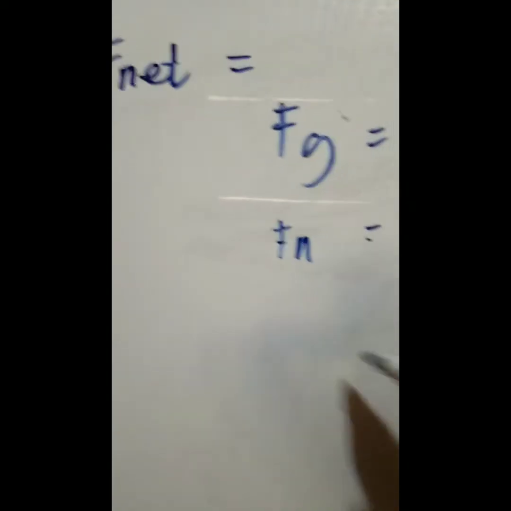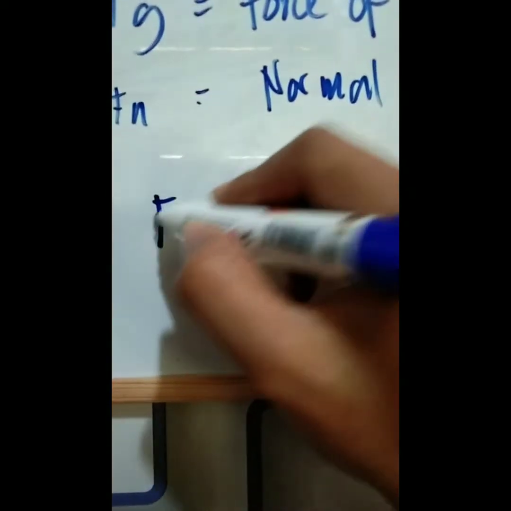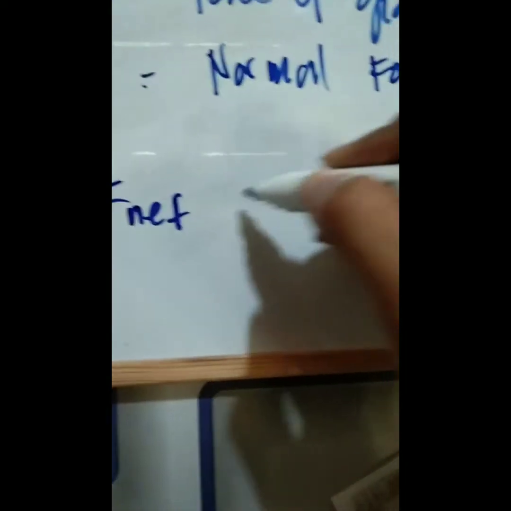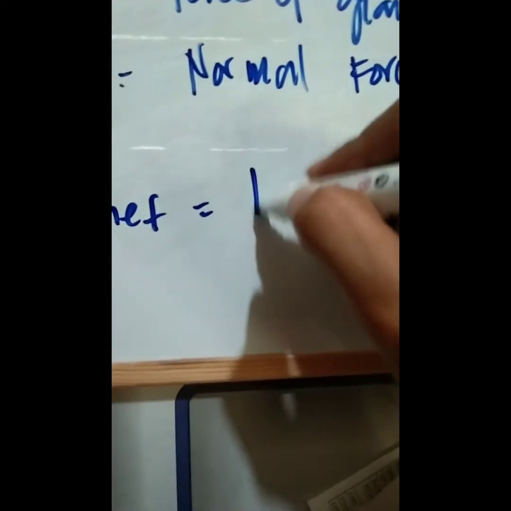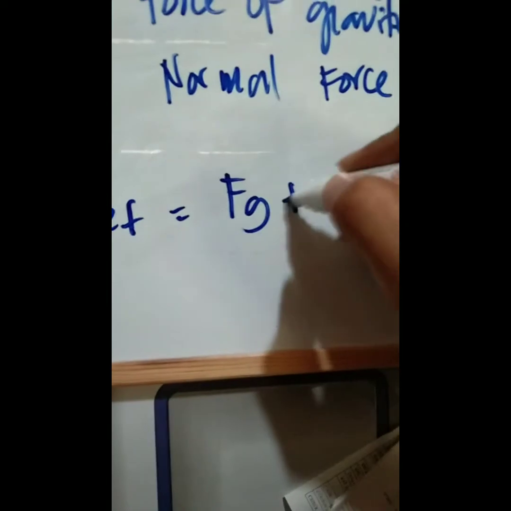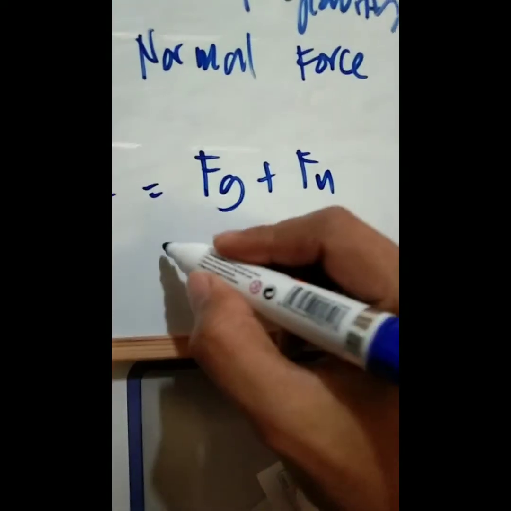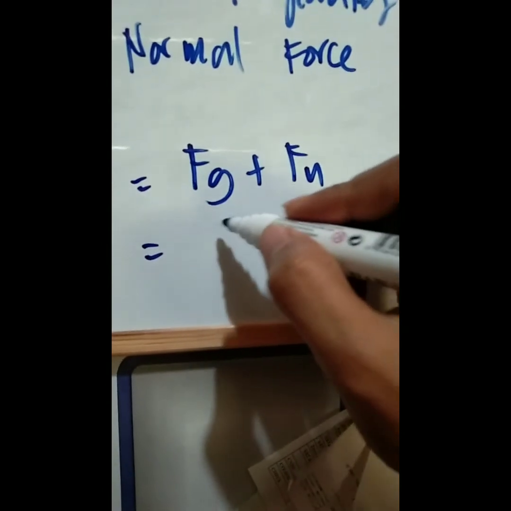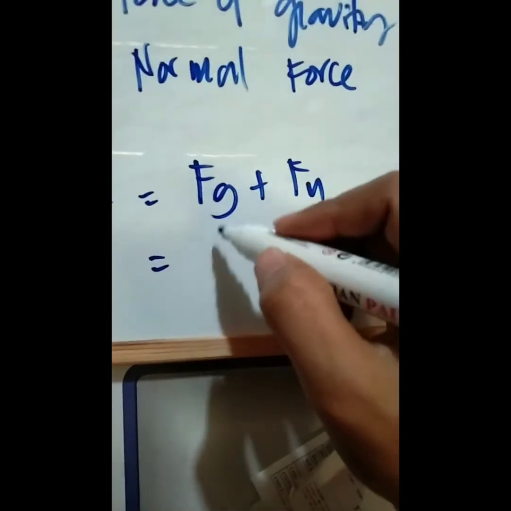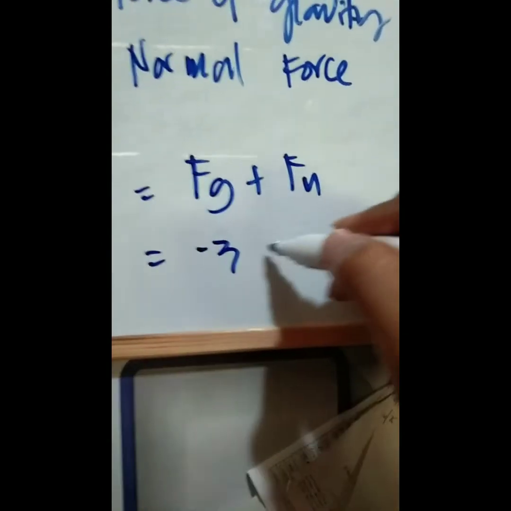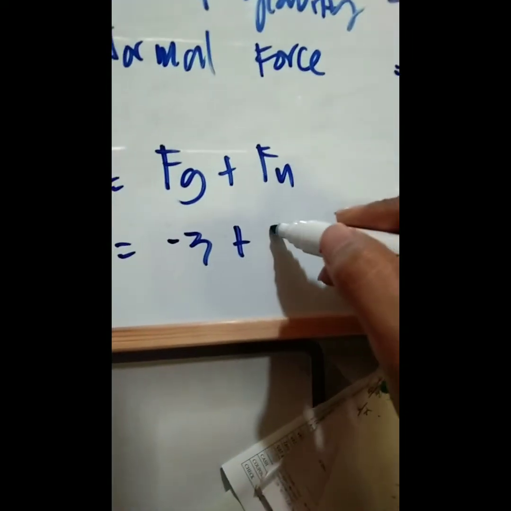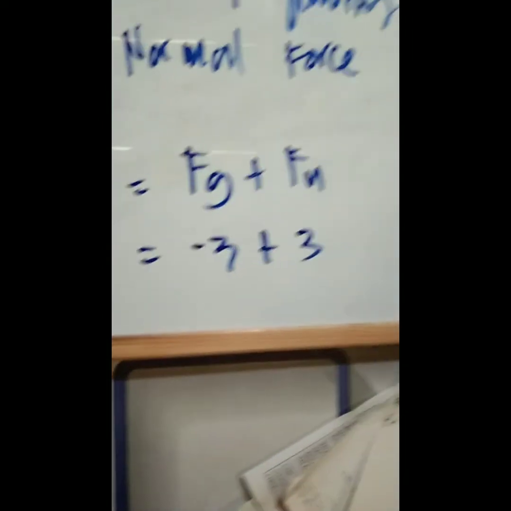So if we're going to calculate the net force, that means F net is equal to Fg, which is the force of gravity, plus the normal force. So we have our force of gravity is negative 3 plus 3 for the normal force.